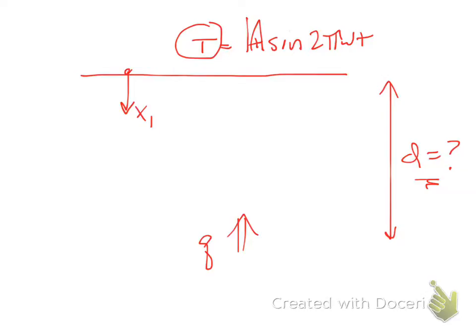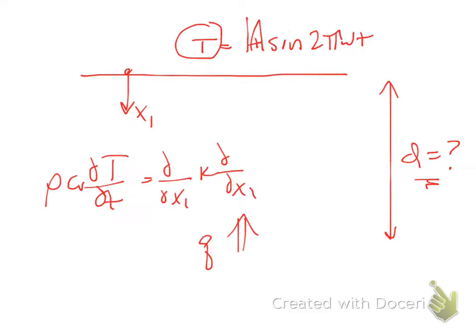Ultimately, the same equation that you just wrote, rho c dT/dt equals d/dx1 of k d/dx1, where k is constant. So yeah, that exact same equation.